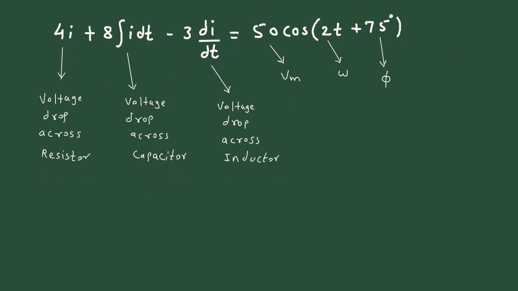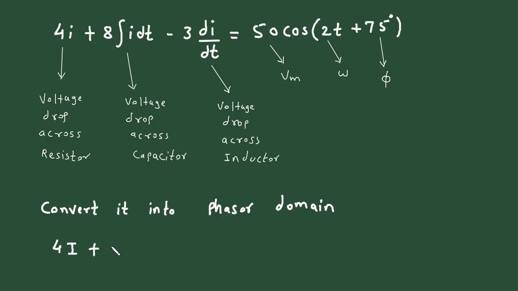We have to convert this into its equivalent phasor domain format. So let's convert it. Before that we will write, convert it into phasor domain. So this will be 4, and here the magnitude of I, that is capital I, plus 8 into I divided by j omega.